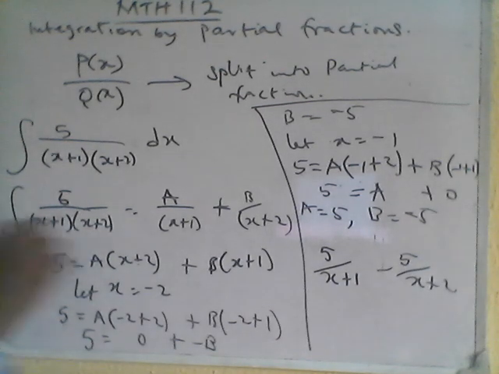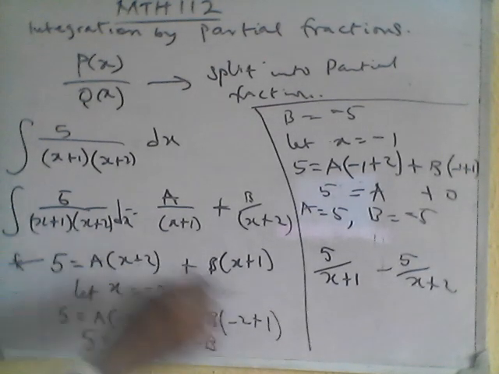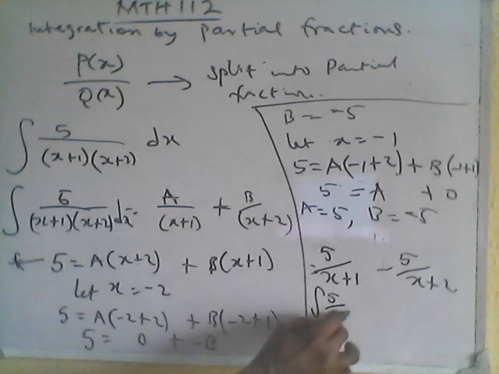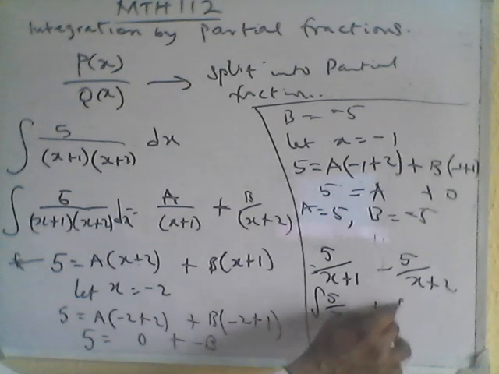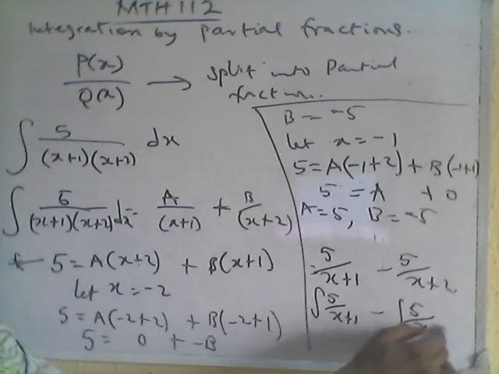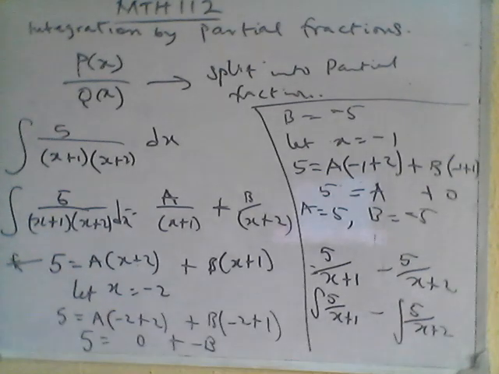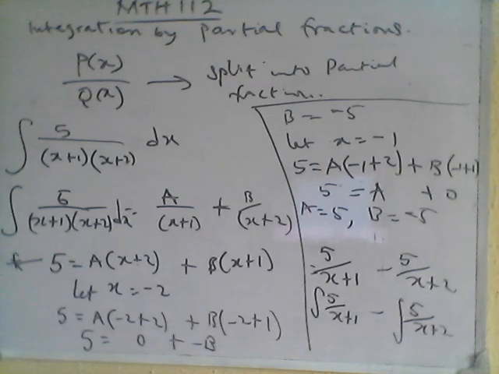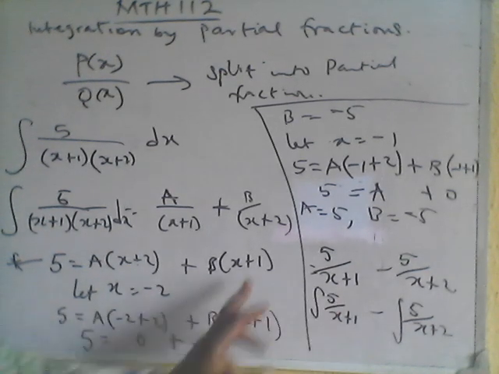This integration will now become integral 5 over x plus 1, plus integral minus 5 over x plus 2, sorry. So I've split it into 2. So this one is easier for me now to do. Remember, we know that this one here is a constant, so I can bring it outside.